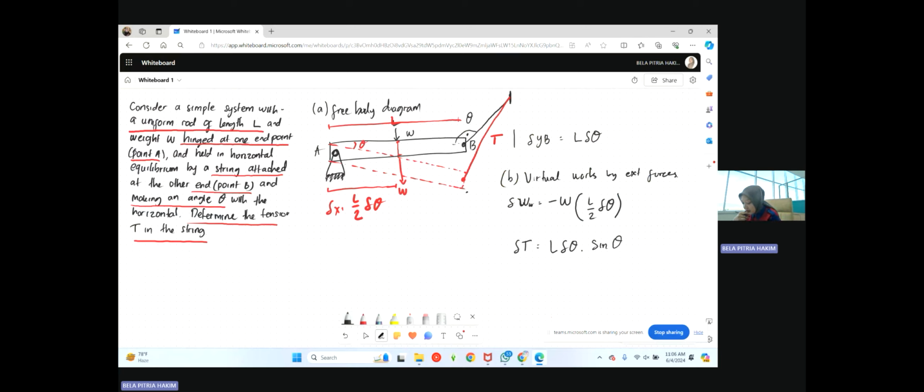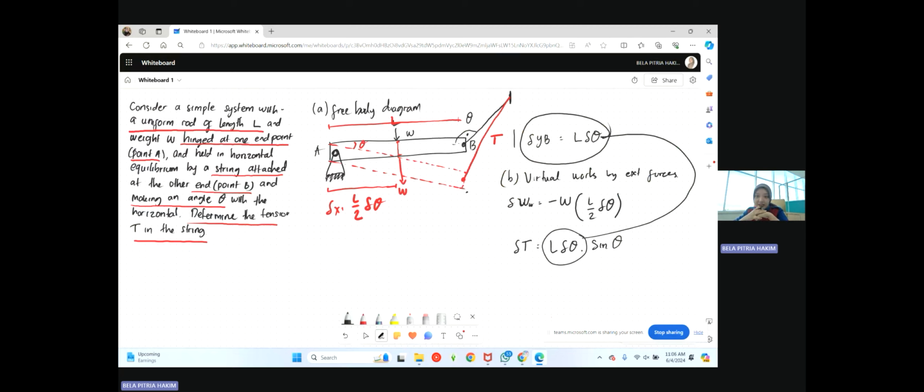It comes from the situation on the beam. We know that the angle is with the horizontal, or the x-axis, but what we define is on the y-axis. So we have this sin θ.